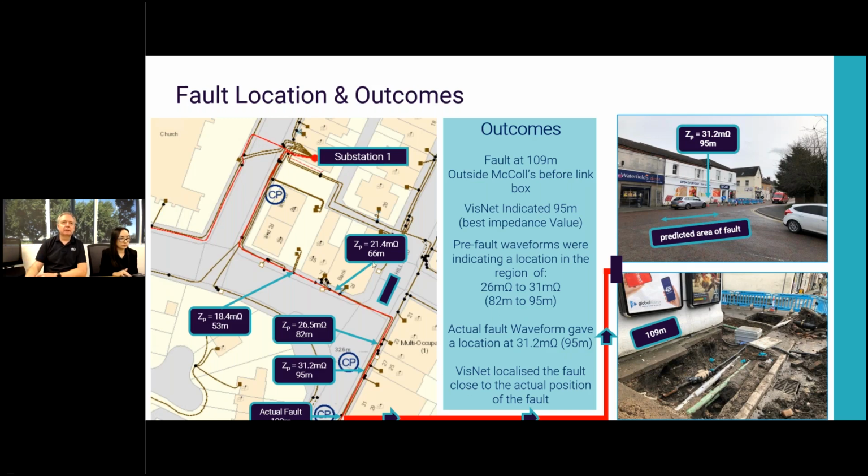As it turns out, in practice, the actual fault was just a short distance further away, at 109 meters. We were able to go up there, sniff, and find that. So we're a short length away, but the fault impedance to fault location was saying exactly the same as the pre-fault.